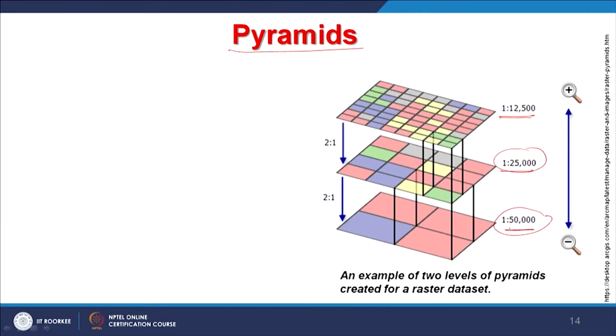But as soon as you keep zooming in, you are going towards a larger scale, less ground area coverage, but at a high spatial resolution. So, this kind of concept is useful for displaying images on a screen, because we are now handling large size images and large databases, unlike earlier. So, then this concept was introduced.